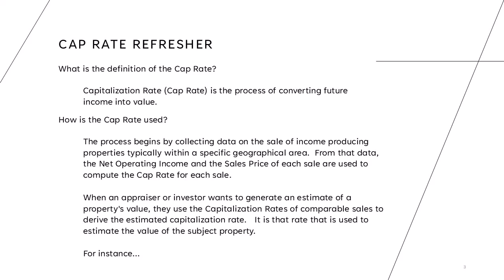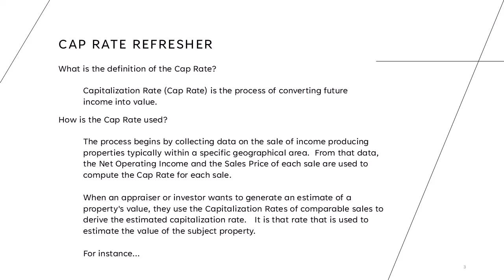And then, from that data, the net operating income and the sales price of those various sales are used to compute the capitalization rate for each sale. When the appraiser or the investor wants to generate an estimated value of a property, they will use the cap rates of comparable sales to derive the estimated cap rate. This will become clearer in a moment. It is that rate that is used to estimate the value of a subject property.